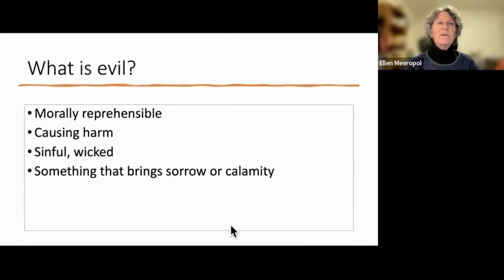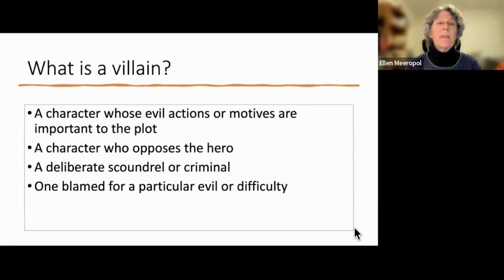It's always kind of interesting to start looking at some definitions. The dictionary tells us that evil is morally reprehensible, that it causes harm, that it can be sinful or wicked, that it brings sorrow or calamity. An evil character functions in certain ways within our stories.